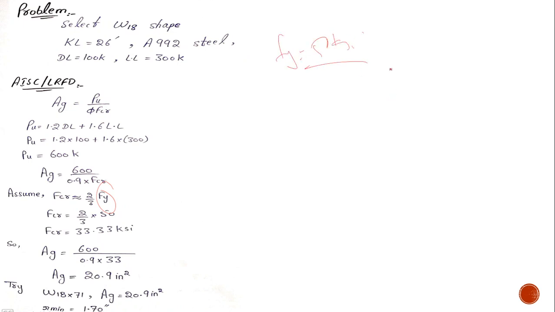But if your column fails in material failure, then this would not be equal to 50 ksi. So you can start with an initial value of F critical that may be 50% of Fy, but that design would be uneconomical, although you will get the right values.